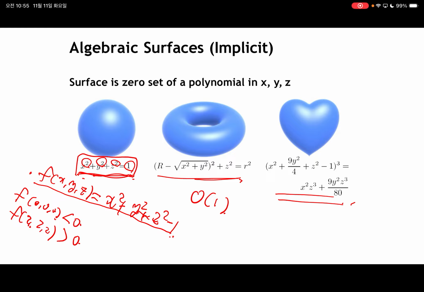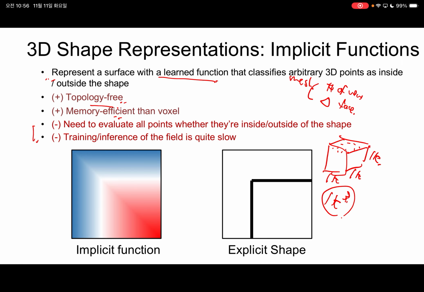With explicit representations like mesh, volume, or point cloud, getting a value is O(1); we can simply retrieve it. But with an implicit function, we need to do some calculation to check whether the point is inside or outside. So we need to evaluate all points.